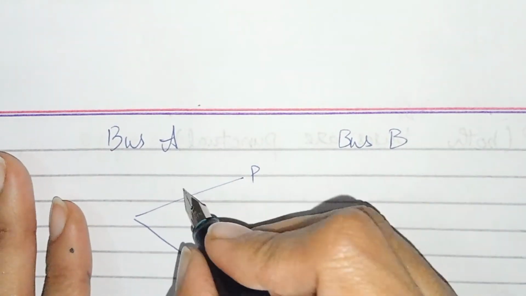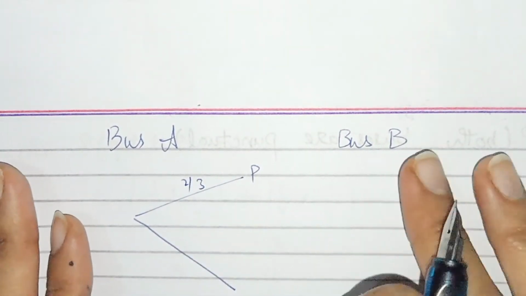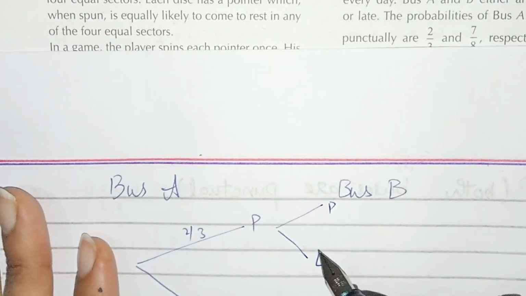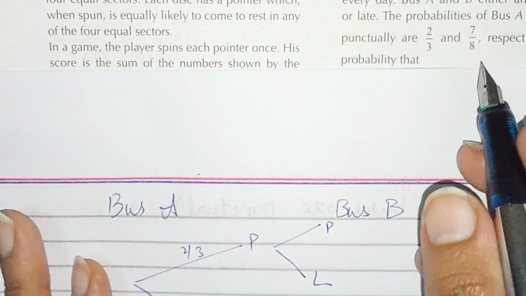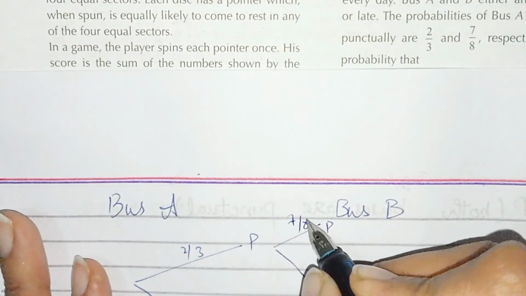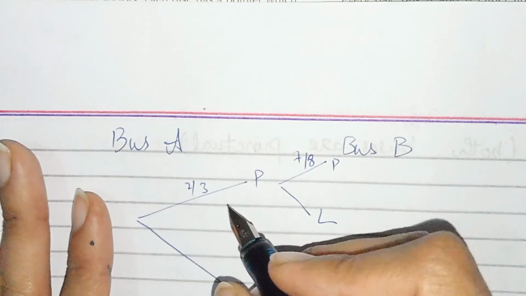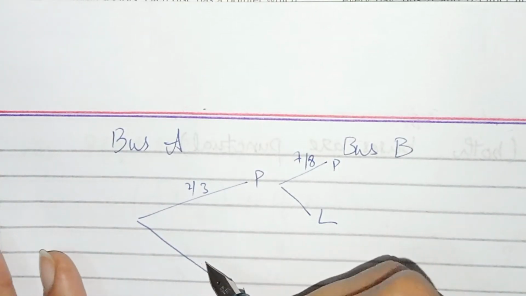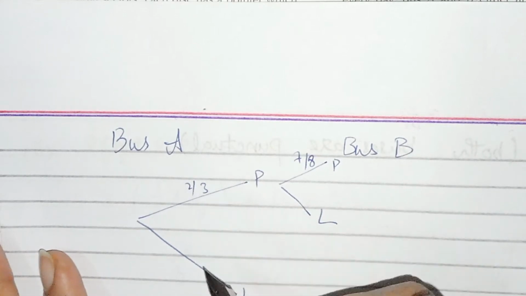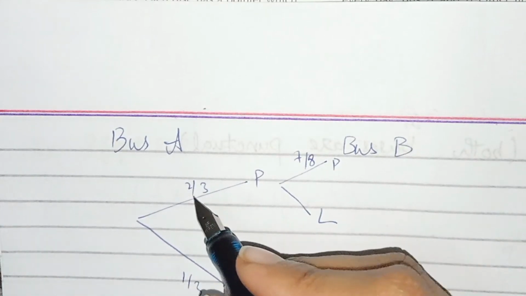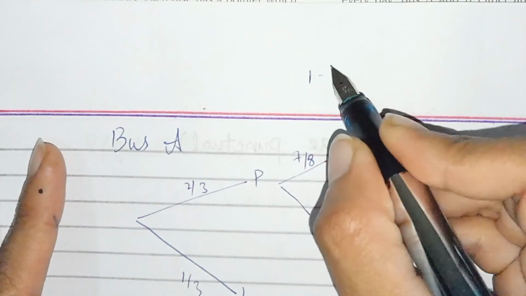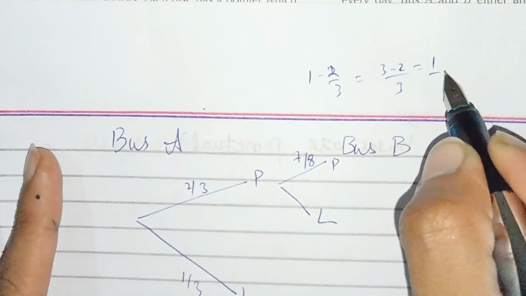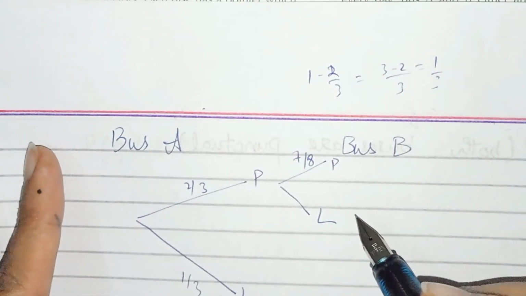Bus A is late with probability 1 by 3. I subtracted from 1: 1 minus 2 by 3, and we get 1 by 3.